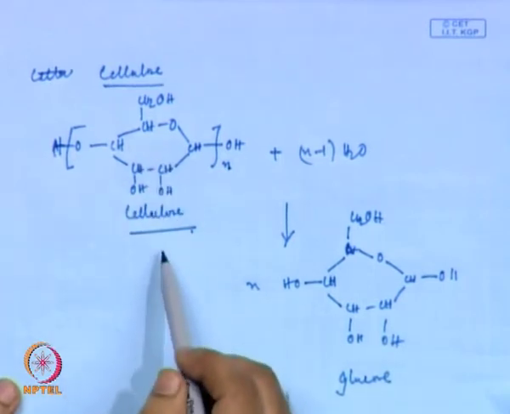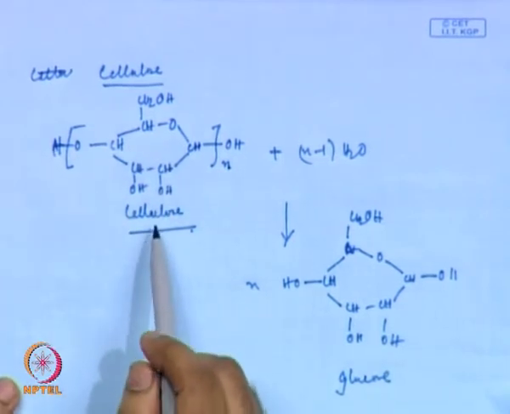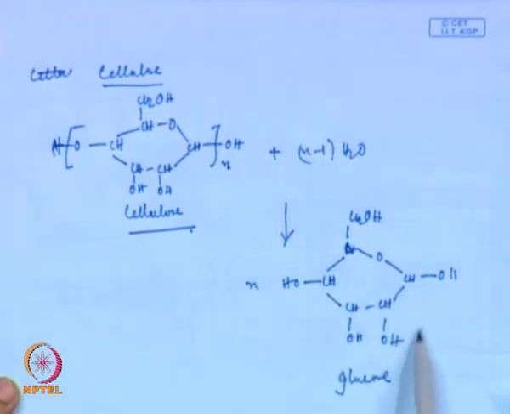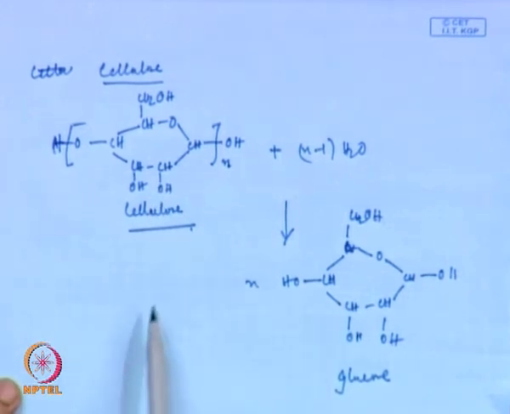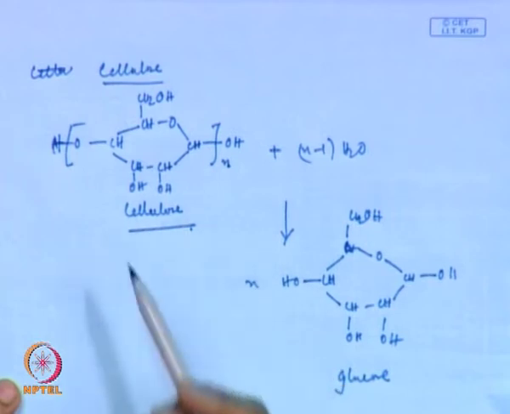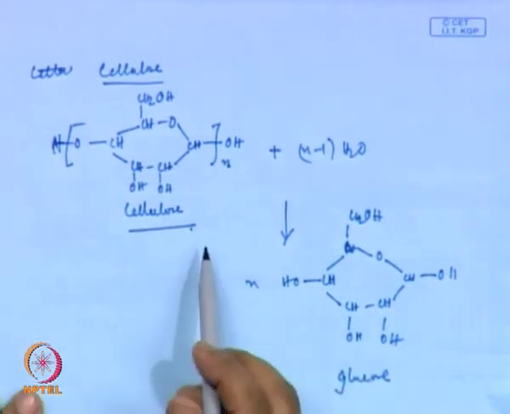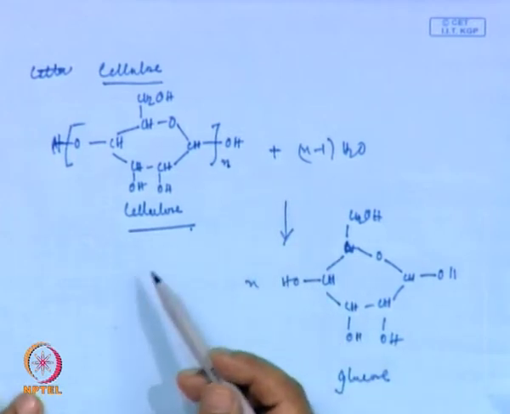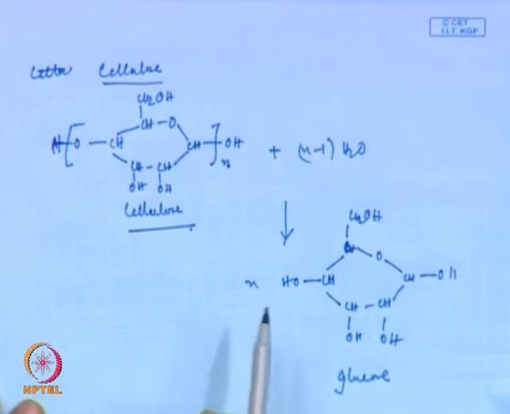So, though this is a natural polymer, you can imagine a monomer like this from which it is formed, and because you hypothesize that these are formed through a condensation reaction, most of these natural polymers are classified as condensation polymers.